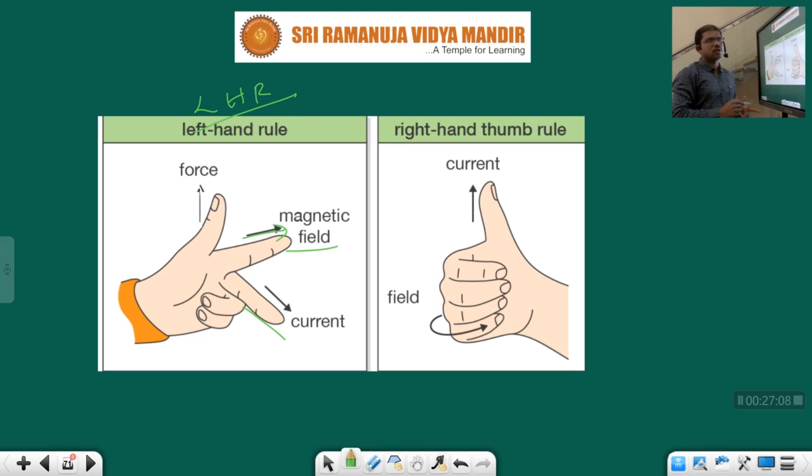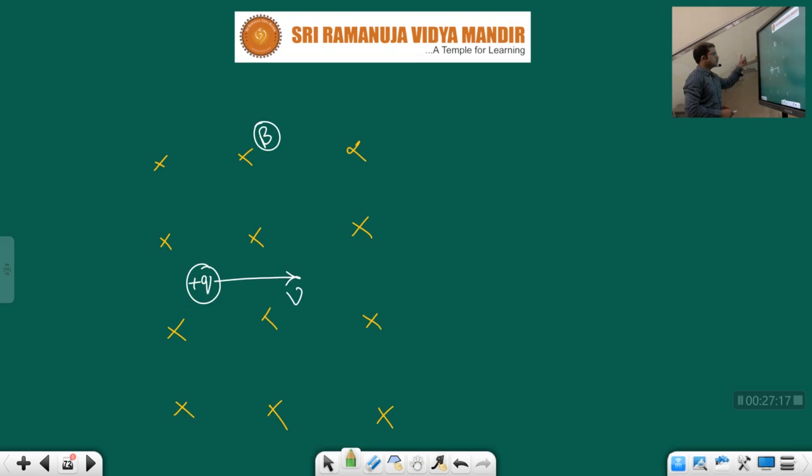Middle finger represents current, forefinger represents magnetic field, and thumb represents direction of force. Here the magnetic field is inside and the current direction is to the left side. Thumb is showing upwards, no, children? So the direction of force is up. Simple, children.